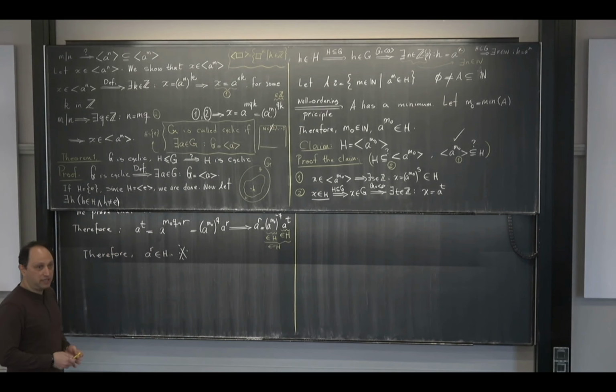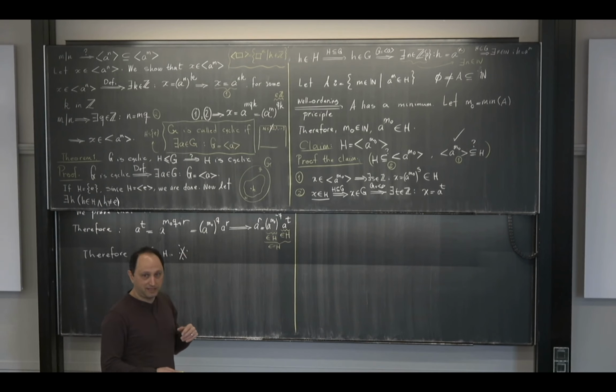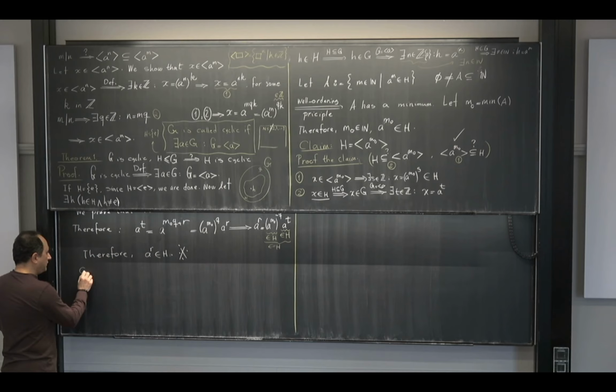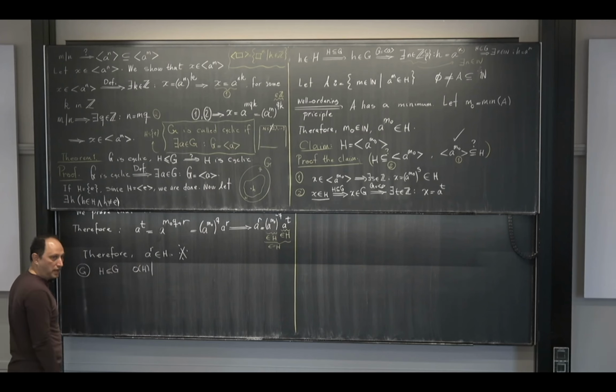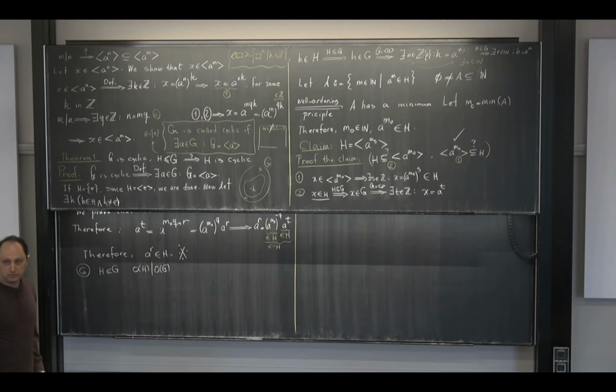This is a special case of a very important theorem that hopefully we will learn later, and that is called Lagrange theorem. So what is Lagrange theorem? It is telling you that if you have a finite group, and if you have a subgroup of that finite group, the order of the subgroup always divides the order of the group.